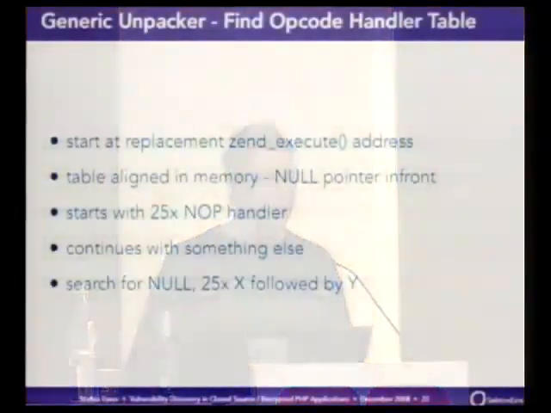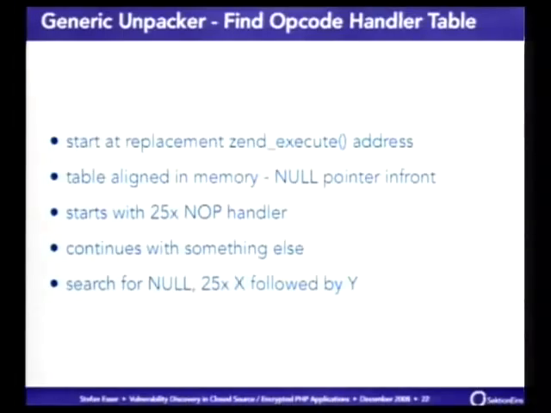I also know that the data segment is loaded directly after the code segment with these dynamic libraries, and so I can just start scanning from the code pointer downward in the memory, or upward, depending on how you like it.